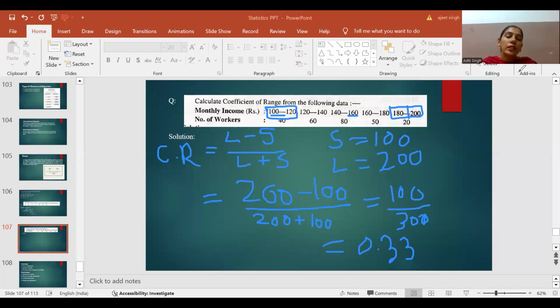So in range there is very limited information. While the range provides a basic measure of variability, it does not provide any information about the distribution, shape, or central tendency.